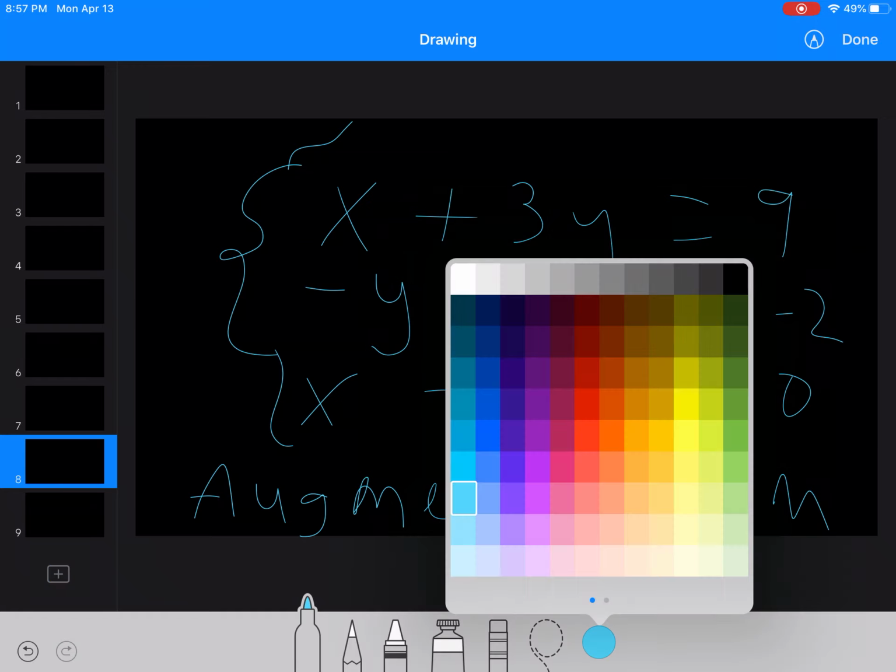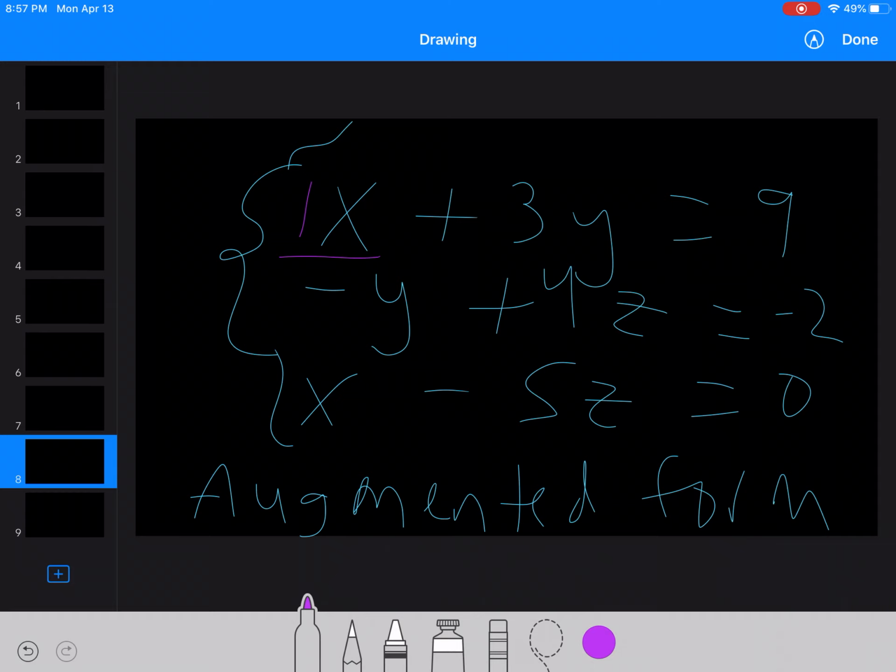So let's look at our coefficients here. Well, we have a 1x, I have a 3y, but don't forget there is a 0z because I have no z variable here. I have a negative 1y, a 4z, but I have a 0x.